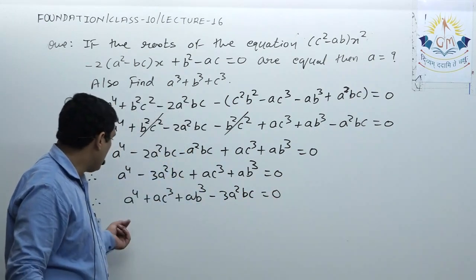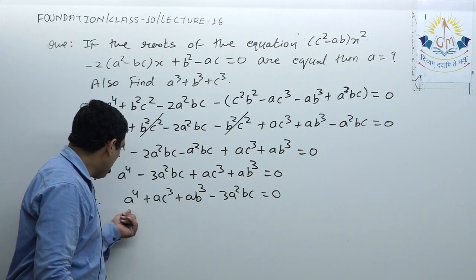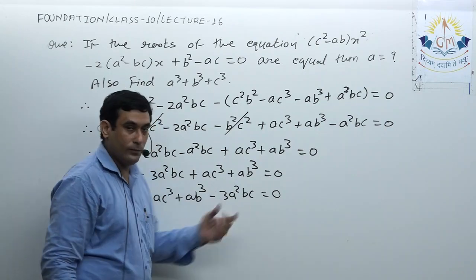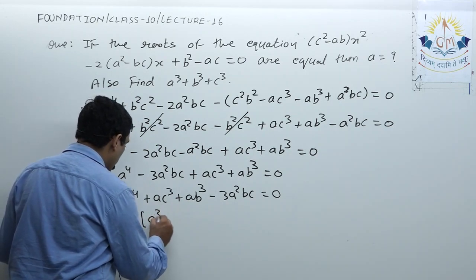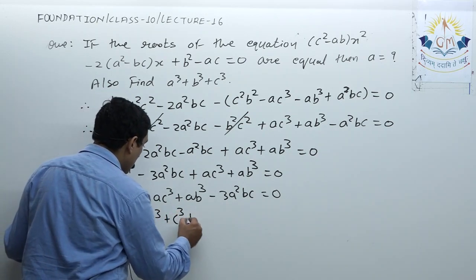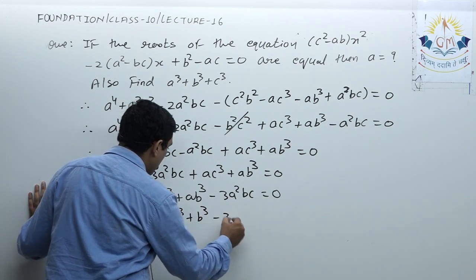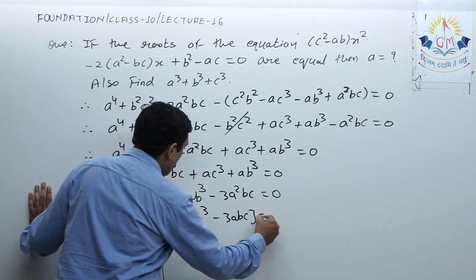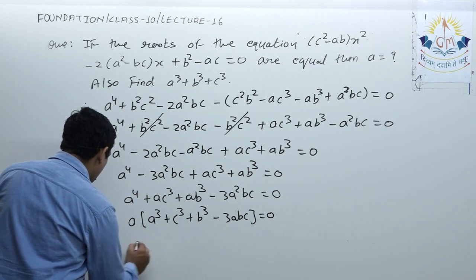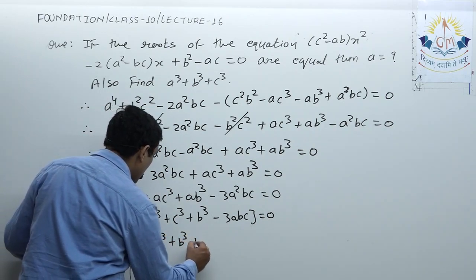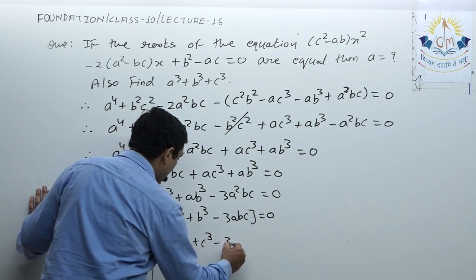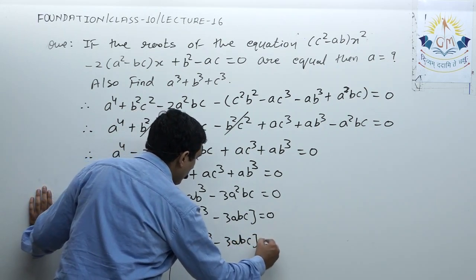Now what next? If you observe, you can find a is in every term, so I can take a common. If I take a common, what I will get is a cube plus c cube plus b cube minus 3abc is equal to 0. Or if I write in order, a cube plus b cube plus c cube minus 3abc is equal to 0.